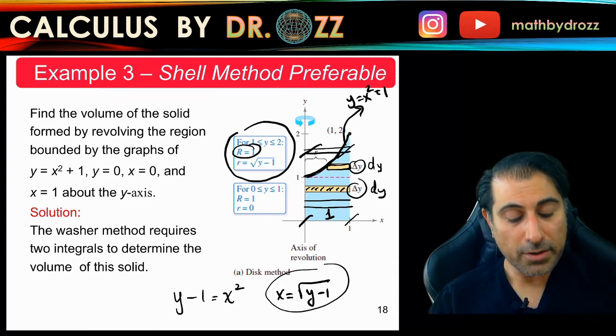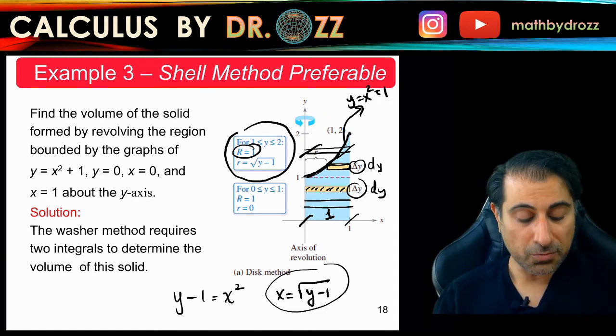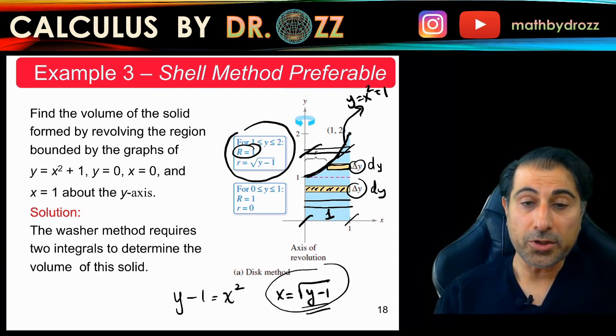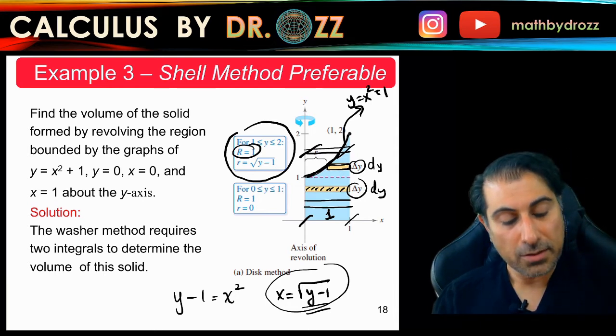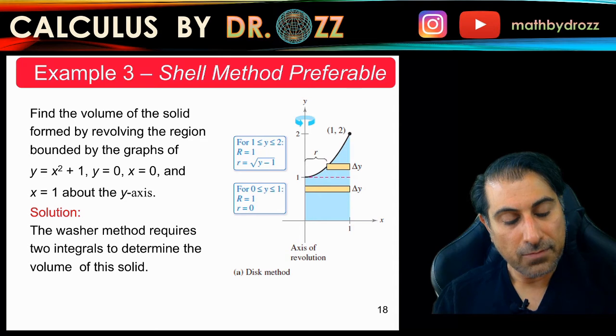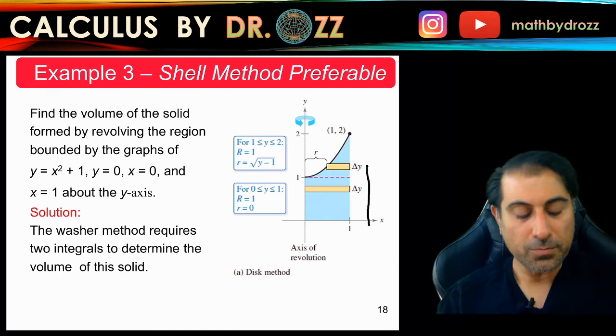And little r is always determined by the curve, and the curve comes with the equation x equals radical y minus 1. So essentially, let's say this is y units far from this axis.